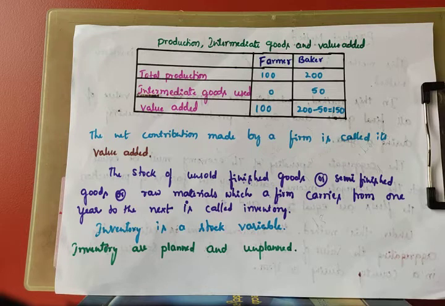Suppose in a year the total value of wheat that the farmers have produced is rupees 100. Out of this they have sold rupees 50 worth of wheat to the bakers.